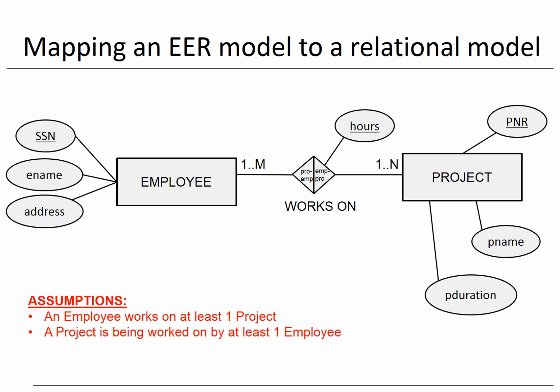Now let's see what happens if we change the assumptions as follows. An employee works on at least one project, and a project is being worked on by at least one employee. In other words, the minimum cardinalities change to 1 on both sides.